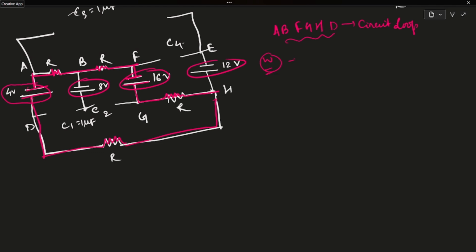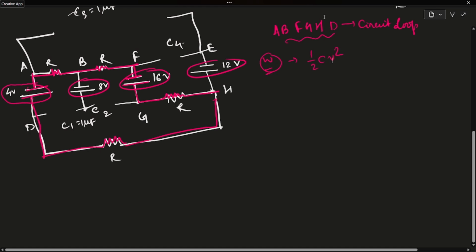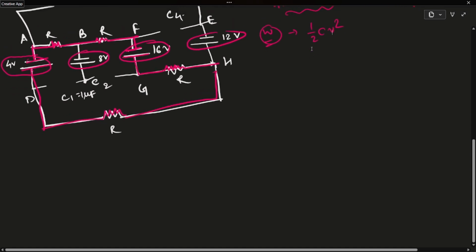For energy, we know for the capacitor, half CV squared. We first find the current, then by the current we can find the potential drop across the capacitors. Then we can find the energy, then add all of the capacitors' energy to find the total energy, right? So let's first find the current.